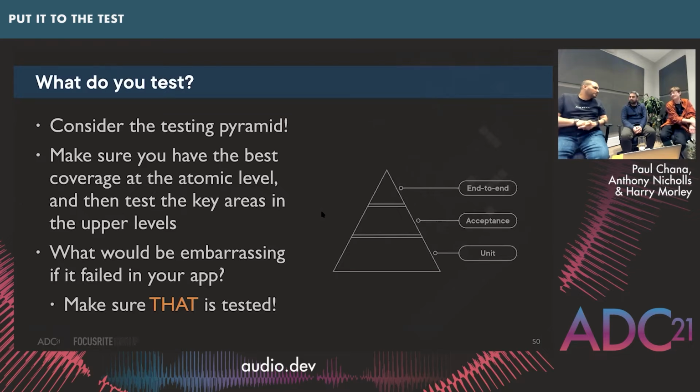Indeed. I think the other thing to say about the happy path testing is that if you do behaviour driven development, you're implicitly testing that happy path, because you're testing the interface to your code before you've written the implementation.